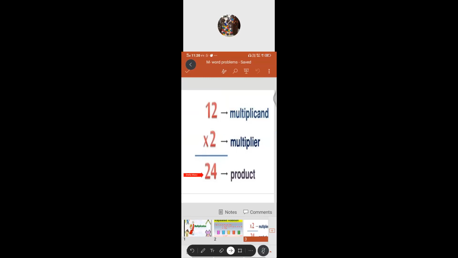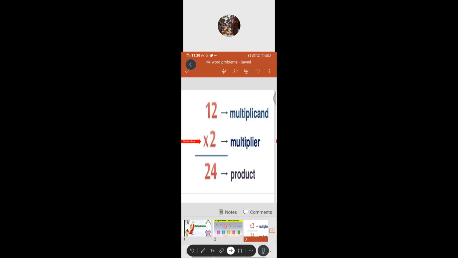What is multiplicand? The number to be multiplied is called multiplicand. Multiplier is the number by which the multiplication is done. The result we used to call the product. Tell me, what is another term for these two?